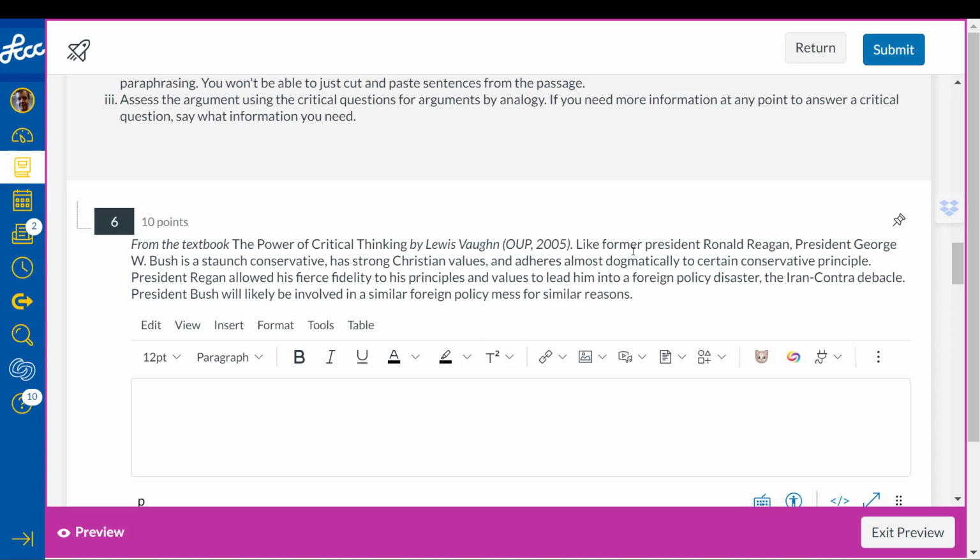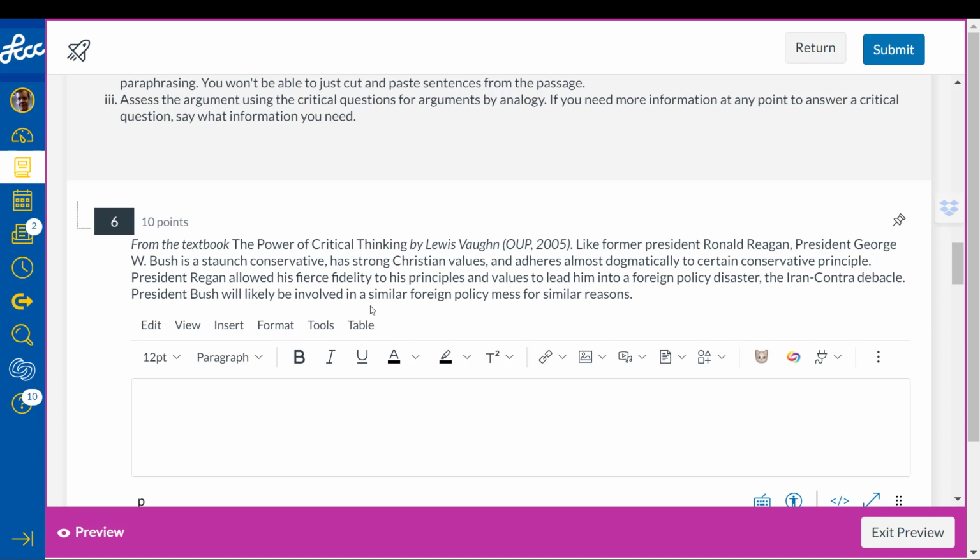Like the former president Ronald Reagan, President George Bush is a staunch conservative, has strong conservative Christian values, and adheres dogmatically to certain conservative principles. President Reagan followed his fierce fidelity to principles and values, found that his fierce fidelity led him to a foreign policy disaster, the Iran-Contra debacle, and President Bush will have the same problem.